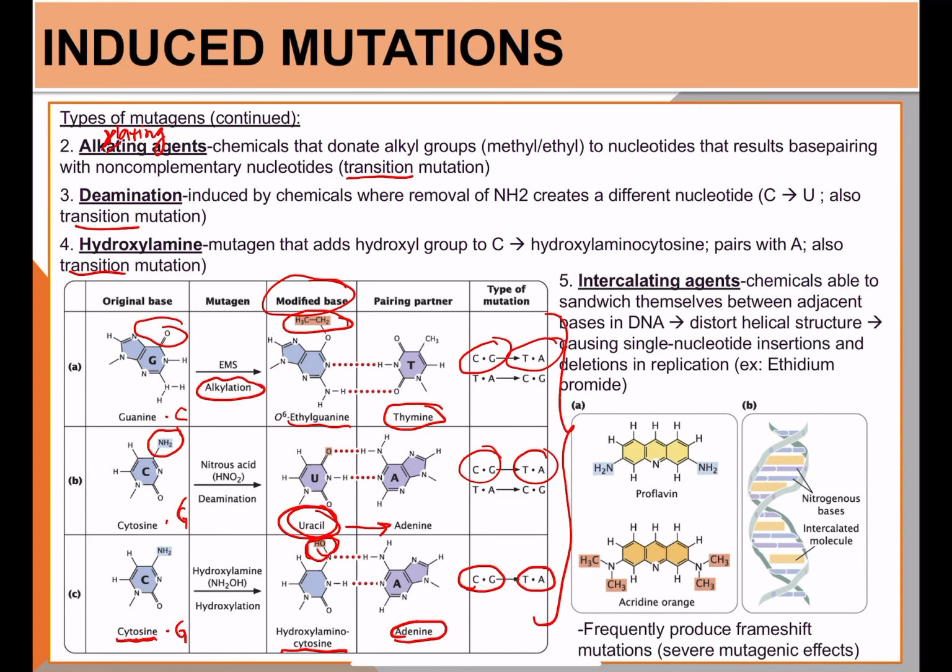Now, the other way we can introduce mutation is via, not radiation. We're not there yet. Okay, it's an intercalating agent. That's the last type of mutagen we will discuss. Intercalating agents are chemicals that are able to sandwich themselves between the adjacent bases in the DNA. In this particular picture here, you have these blue areas, which represent the actual, let's say A, T, C, and G, the nucleotide sequence.